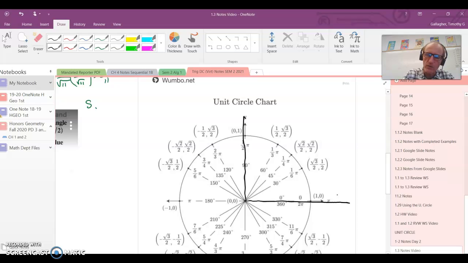And the triangles that we get when we put the 30, 60, 90 triangles on the first quadrant of the unit circle is this 30-degree angle here, and this 45-degree angle there, and this 60-degree angle here.